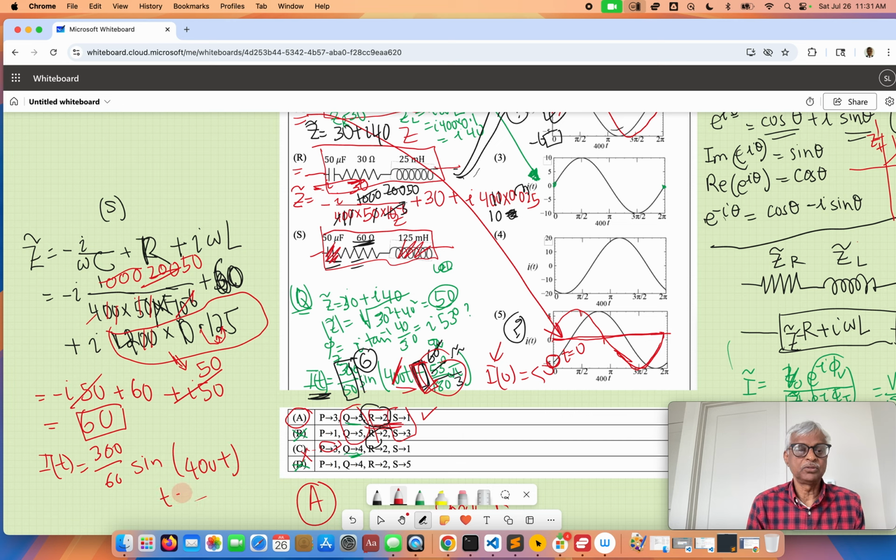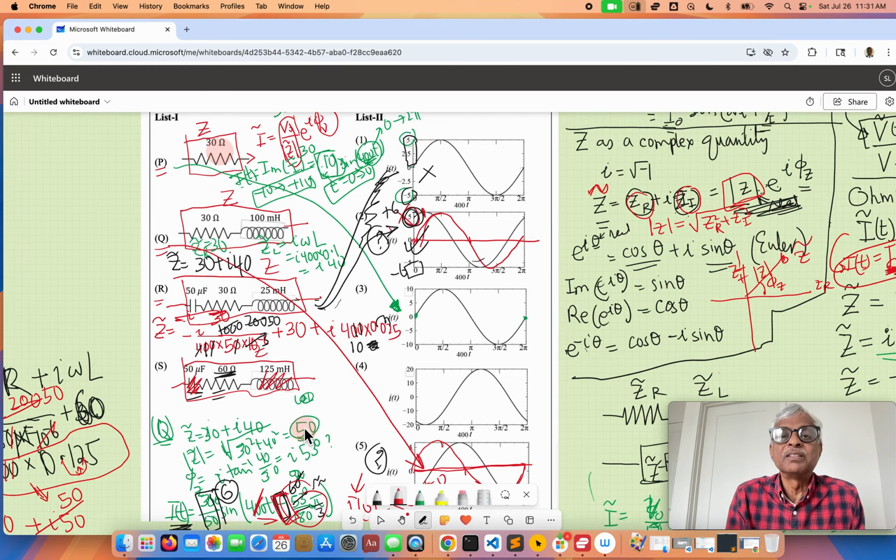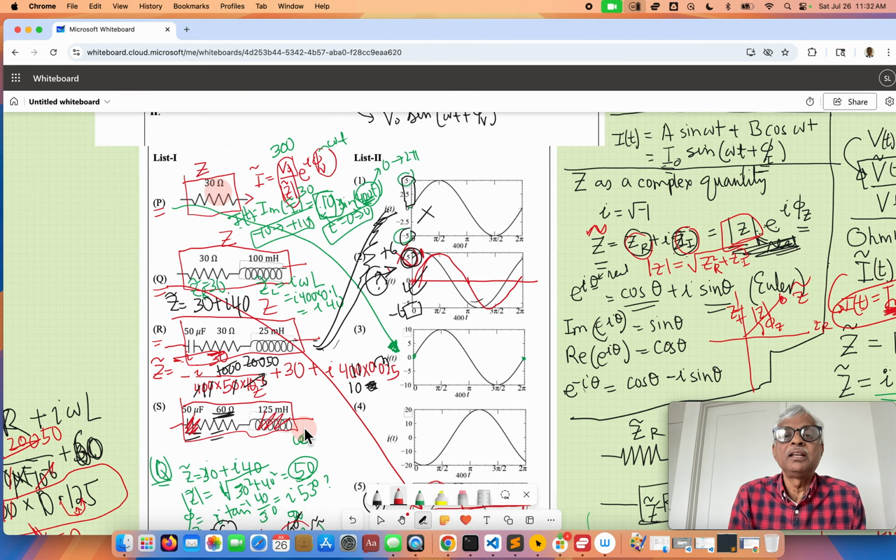So t equal to 0 is 0, and it's going between plus and minus 5, and looks exactly like sine.